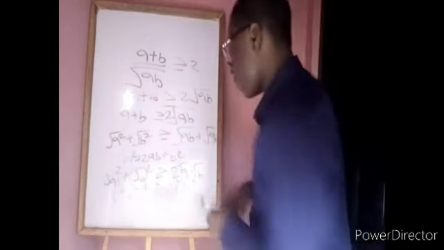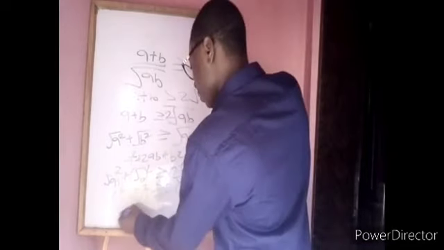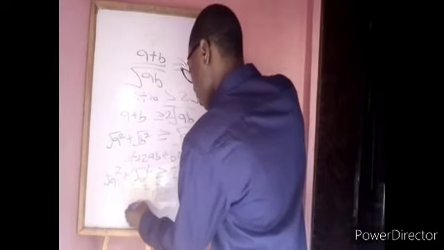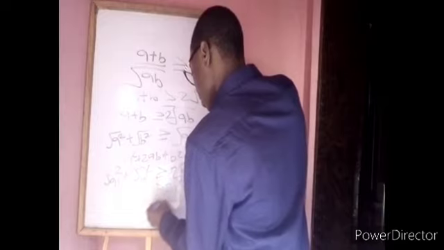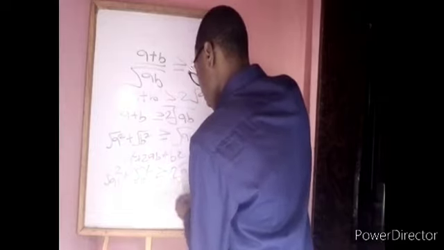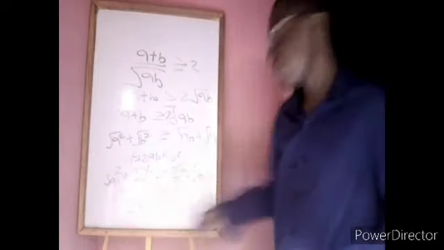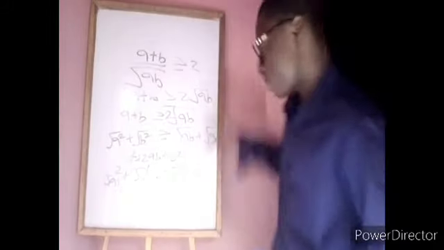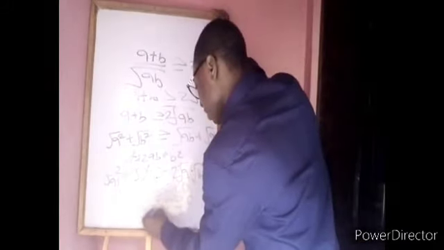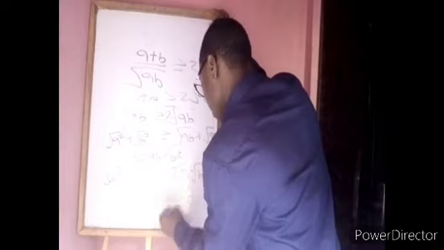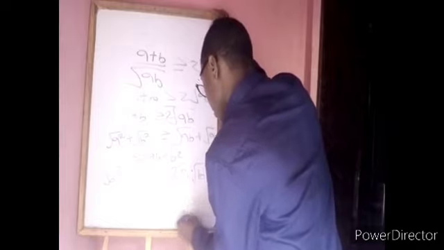It's actually true, because when we move this to the right hand side, c square plus d square minus 2cd will be greater than or equals to 0. And then when we convert this to the format, we have c minus d squared is greater than or equals to 0.